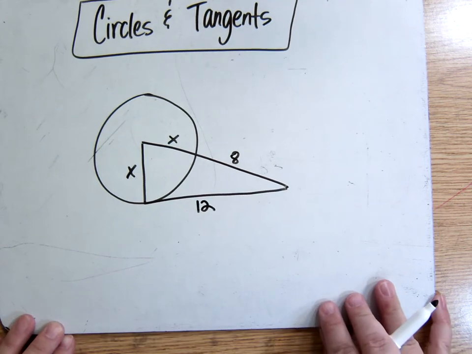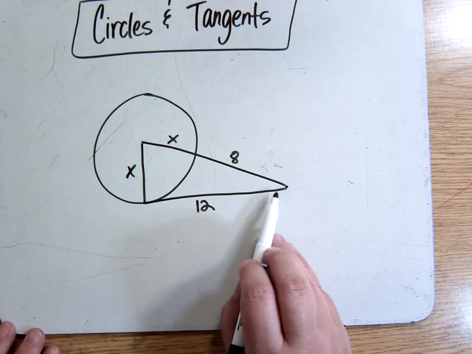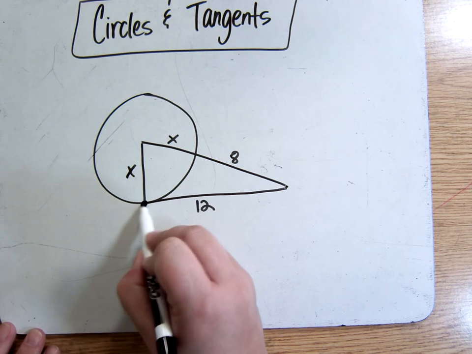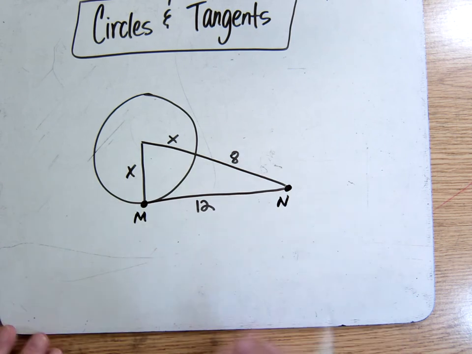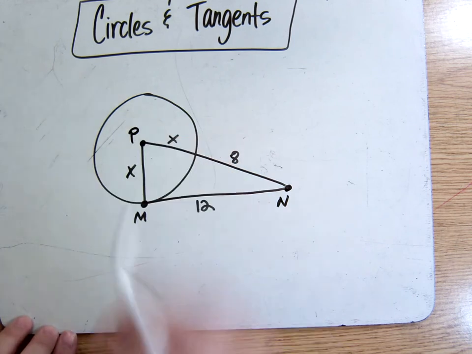If you were told this was a tangent, and you would pretty much have to be here because you can't tell since you don't know what x is. So let's say you're told that MN is a tangent segment, or maybe it's on a bigger line and you're told that that line is a tangent, and that this is circle P.